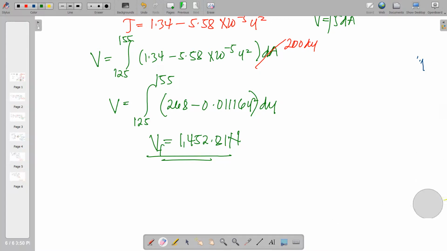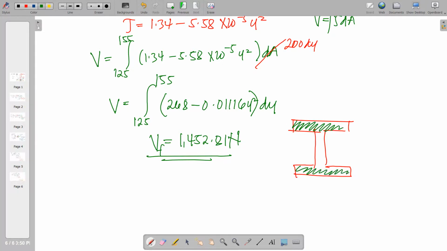So basically, if we are going to again get the share of your web, so if this is your beam cross section, each of the flange will have a share of 1452.8, and a total of 30,000 shall be carried by this beam.